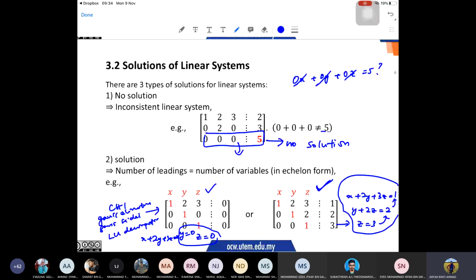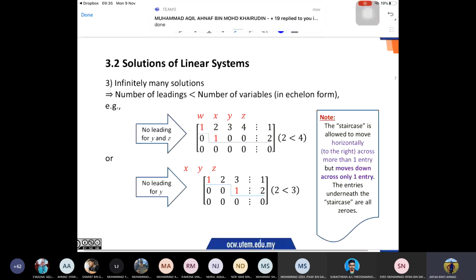Okay, done with this one. Before we take a look into the solution, another type of solution of the linear system, the one that we are going to deal. Okay, done. Hopefully everyone yang lain pun done juga. Okay. So we have another one, infinitely many solution. Yang ini case pertama tak ada solution. Case kedua solution dia normal macam yang kita dah go through dalam chapter 1.